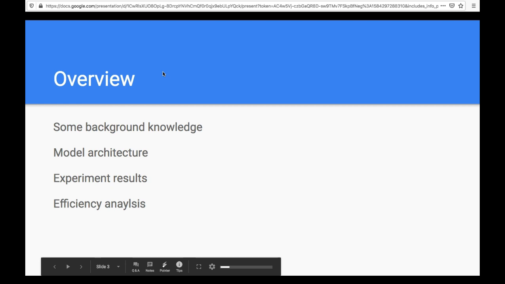We will go through the overview first, so you will know what we are going to talk about today. First, I will introduce some background knowledge: why should we have another way to do language modeling?